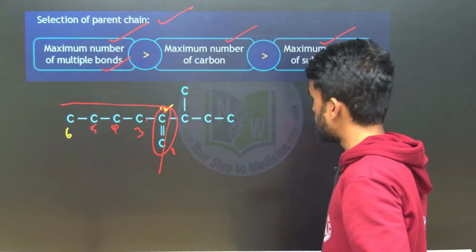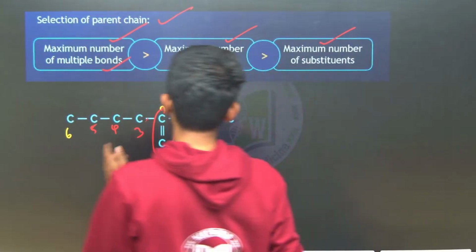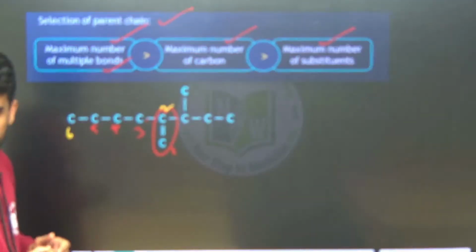After numbering like this, tell me what is the name of this compound? You can write. Six carbons means hex. Double bond means ene; if single bonds only, sigma bonds only, ane. Double bond means ene, triple bond, yne. So it is hexene, but at second position you have this group. What is the name of that group?